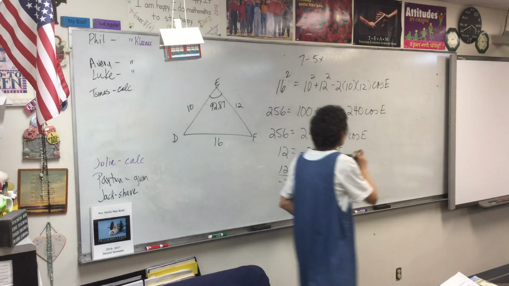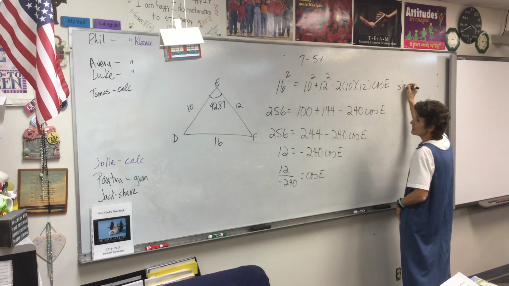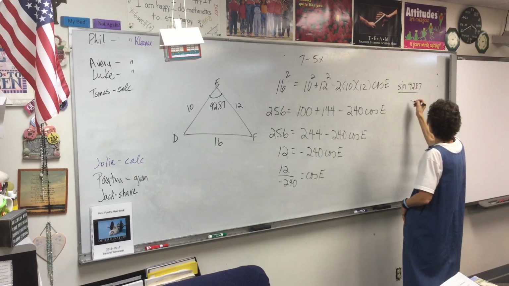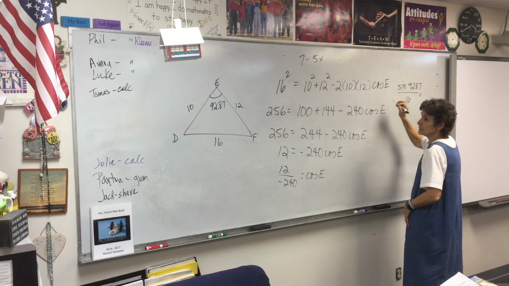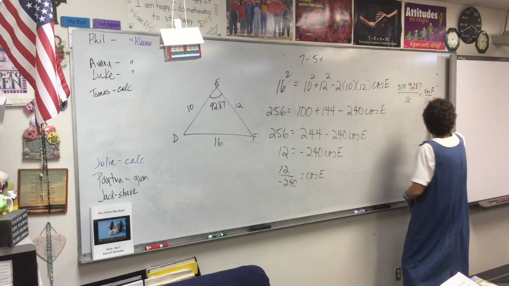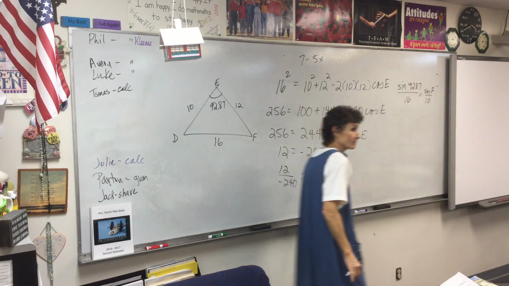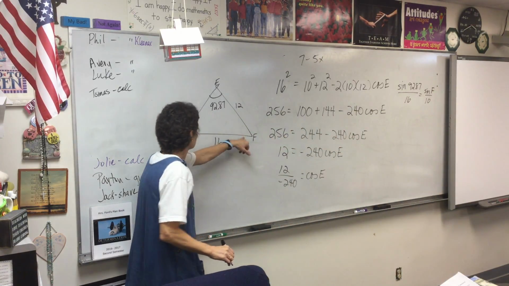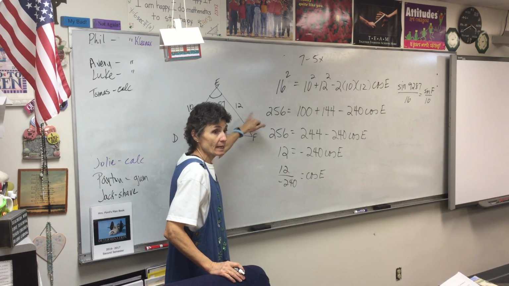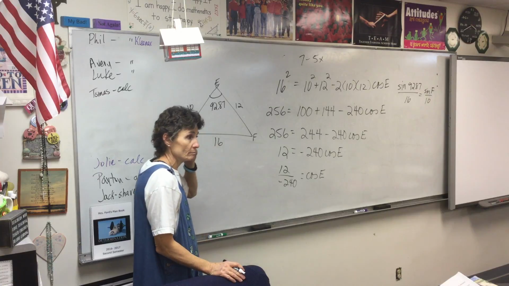So now we can say sine 92.87 over 16 equals sine F over 10, maybe? Could I have done D over 12? Yes, makes no difference. We just pick one.